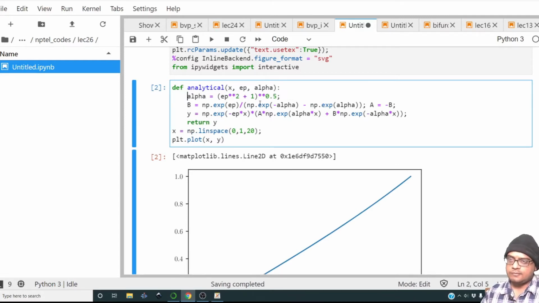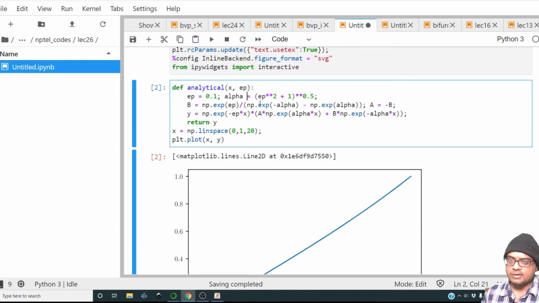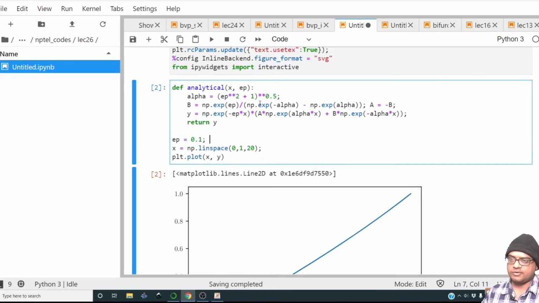In fact, we just need to pass epsilon because alpha we can evaluate inside. Straightforward. So outside the function we'll define this, and we'll say y equal to analytical x comma epsilon.